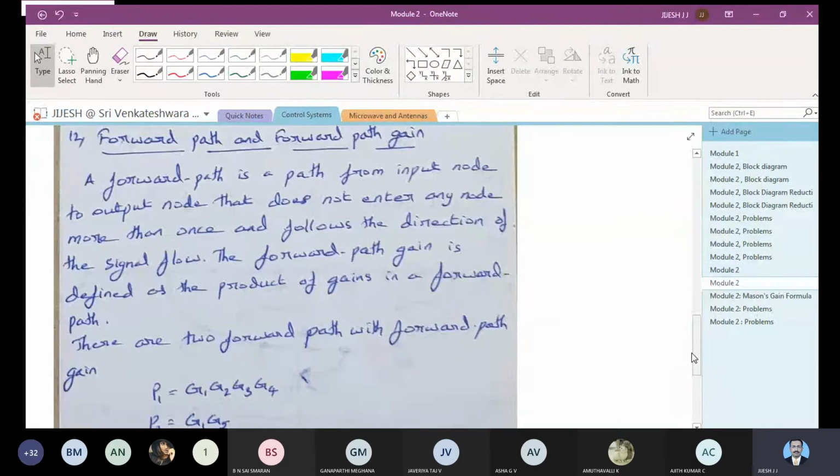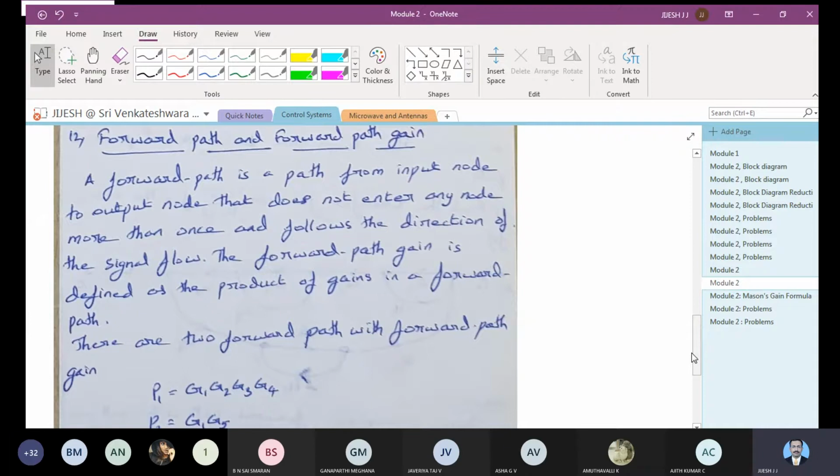So a forward path is a path from the input node to the output node that does not enter any node more than once and follows the direction of the signal flow. The forward path gain is defined as the product of the gains in the forward path. So there are two forward path gains.